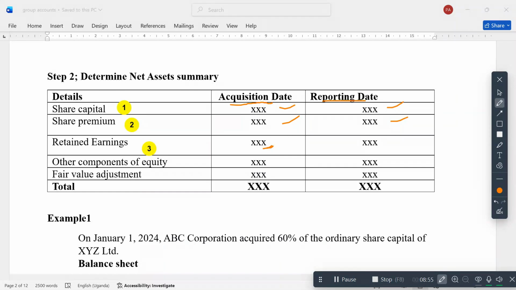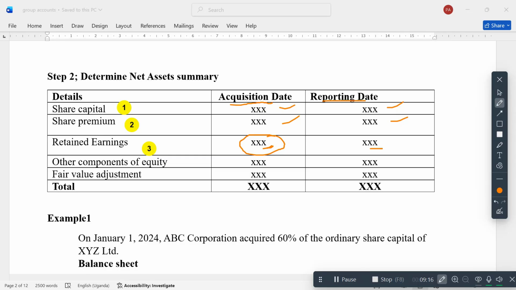This one, you have to check in your question. At the date of acquisition, how much was the retained earning for the company you are acquiring? But for reporting date, you can check in your balance sheet given. You pick the retained earning from the balance sheet there under equity section.